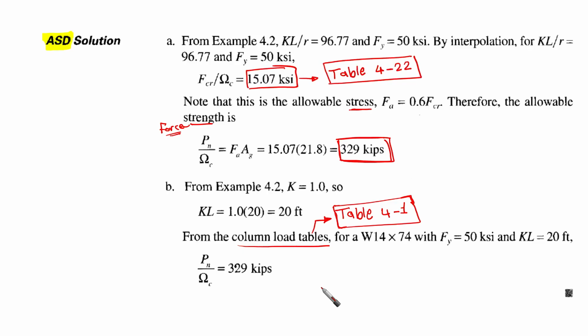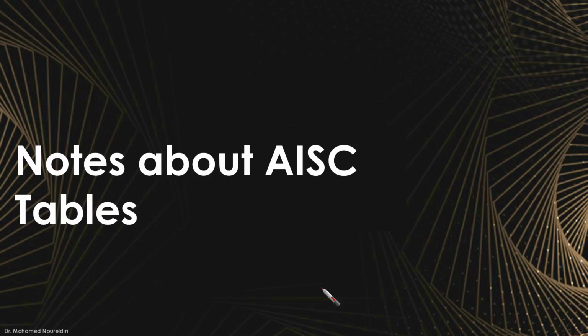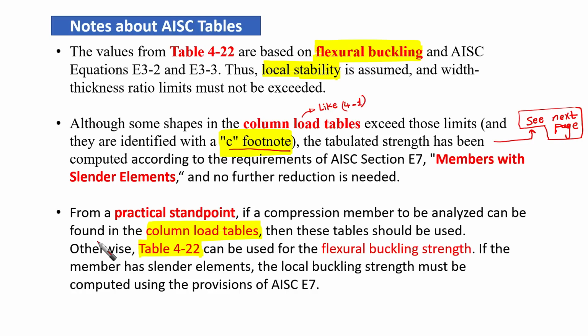Okay, the last thing that I want to highlight here for the tables is a few notes, like 3 notes here. I'm going to share with you regarding the AISC tables. It's important to keep in our minds when we are using them. First of all, the values from table 4-22 are based on flexural buckling, and AISC equations E3-2 and E3-3.